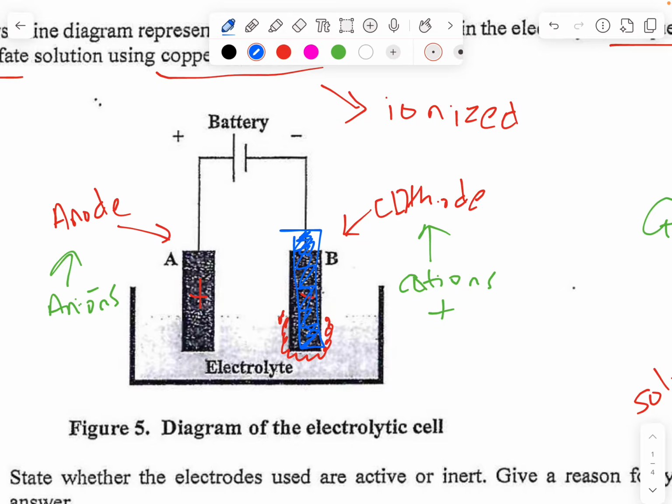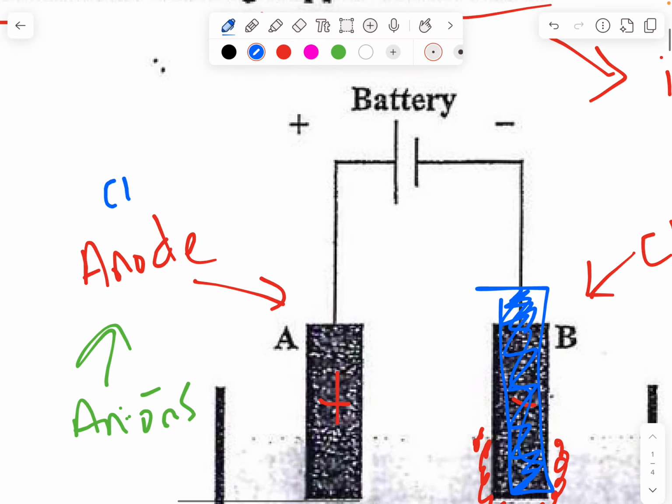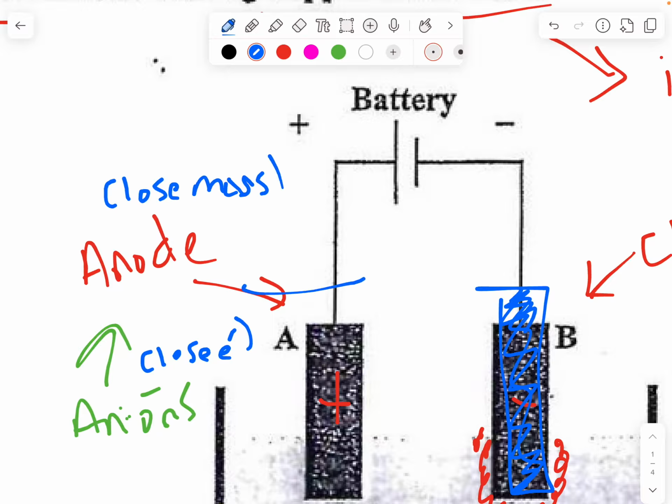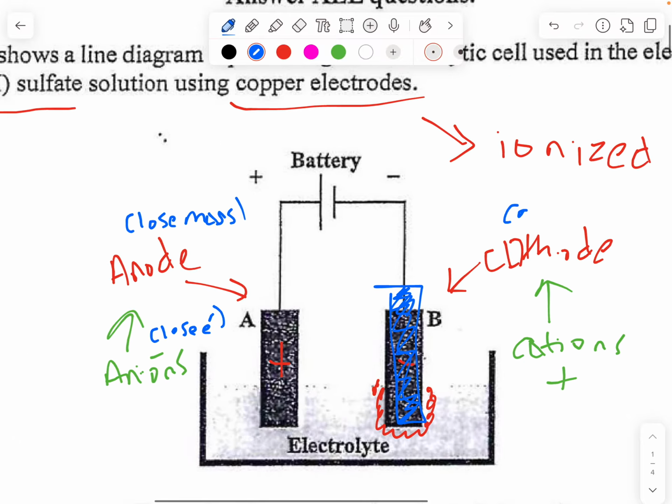Let me actually rephrase. Your anions lose electrons, the anode loses mass, so the anode gets smaller, the cathode gains mass, but the cation gains electrons. Nice.